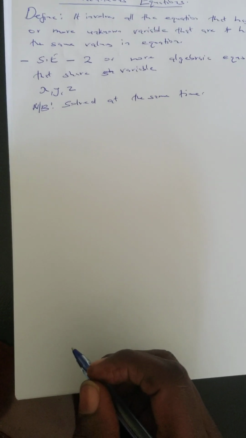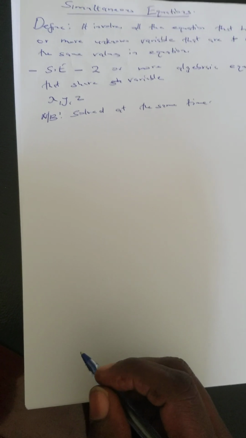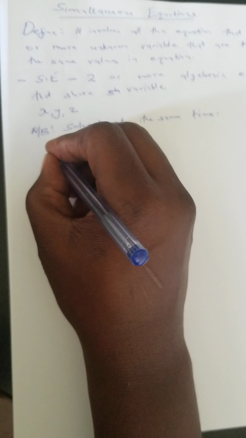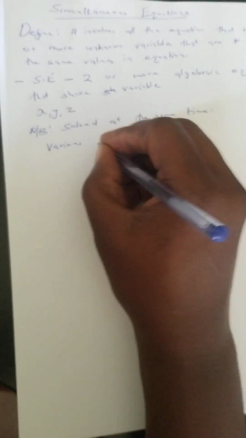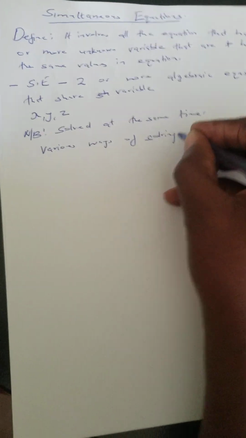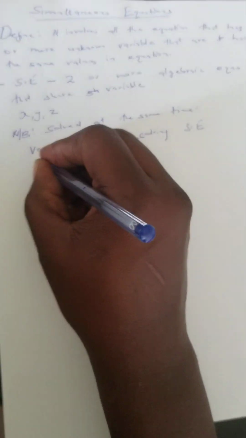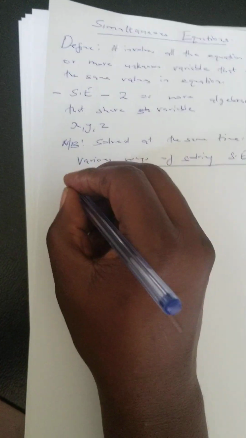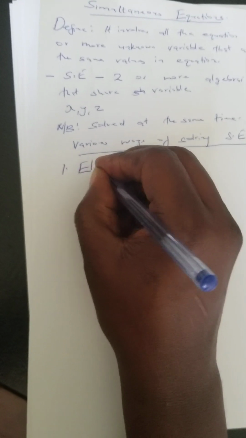Ways of solving simultaneous equation. We have various ways of solving simultaneous equation. One way is by use of the elimination method.